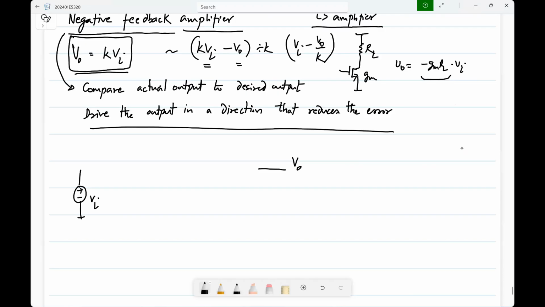So in this case, we will compare Vi and V naught by K. Now, of course, V naught by K is easy to generate. You use a resistive divider and you get V naught by K, right?